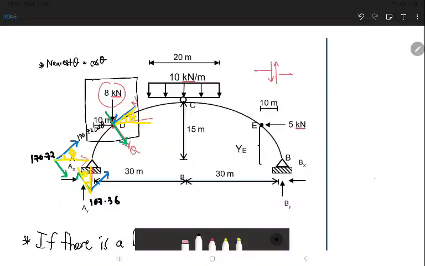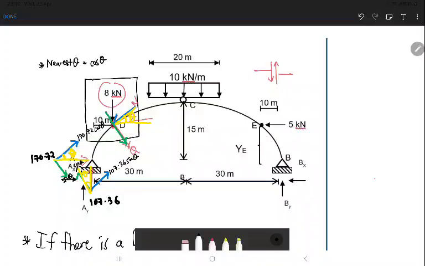This one, far from theta, is 107.36 sin theta. Okay, right, so nearest theta is cos theta. This one cos theta, this one sin theta.